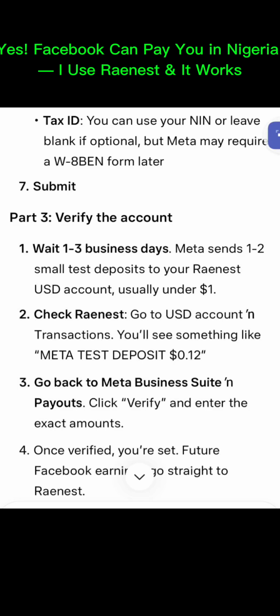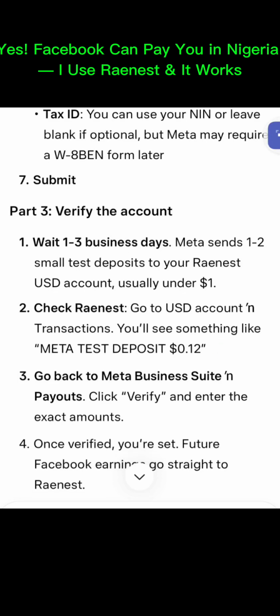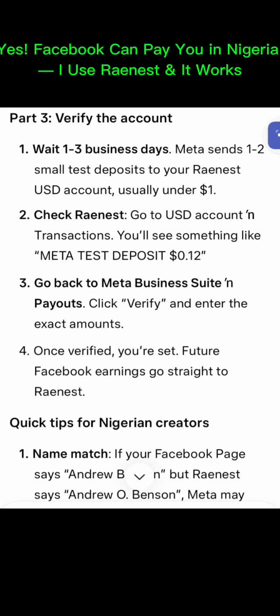You will see something like Meta test deposit, 0.12 cent. Go back to Meta Business Suite and Payout. Click Verify and enter the exact amount. Once verified, you are set. Future Facebook earnings go straight to Raenest.